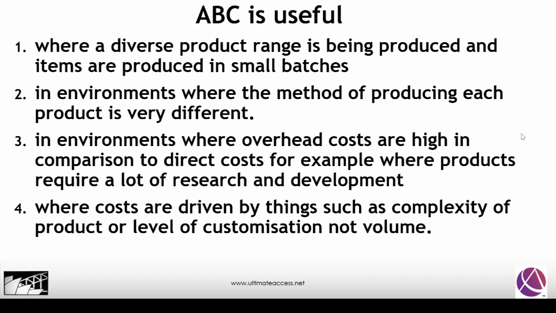If you are producing lots of different types of products, they could be electrical products, they could be one of a number of things, but where the method of production is different from one to the other, then a sledgehammer type of method of absorbing overheads, as we do with absorption costing, really doesn't give us a very accurate idea of the individual cost of a product. So ABC is more appropriate in those scenarios.